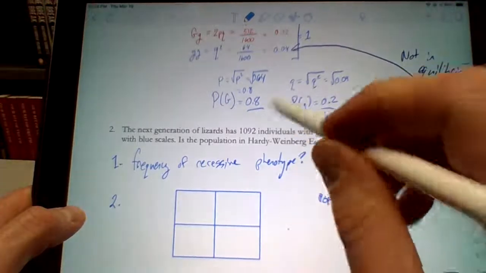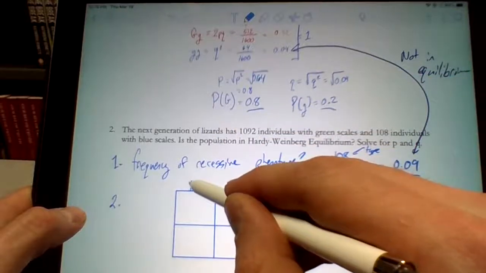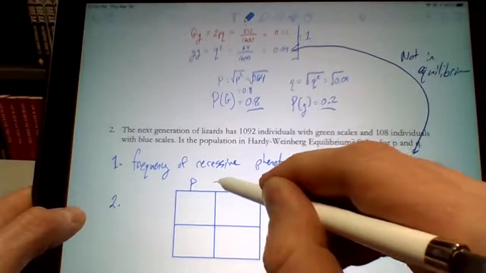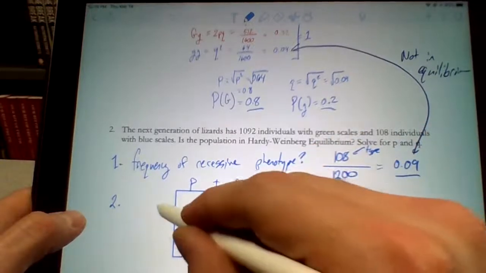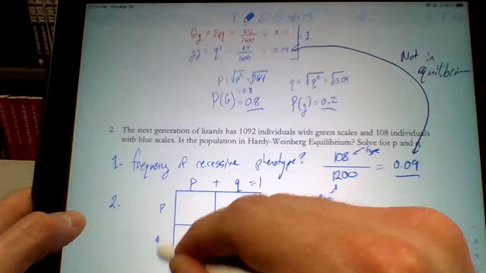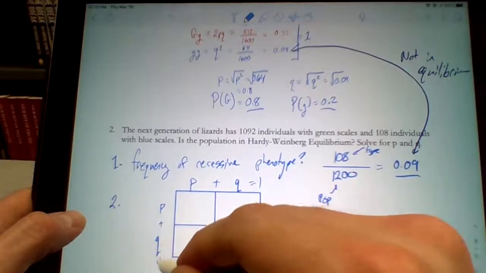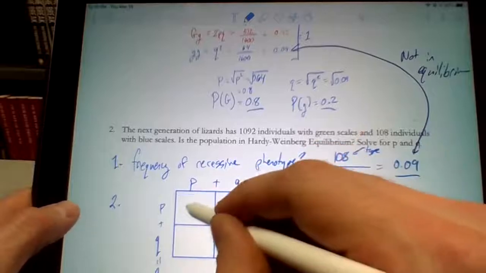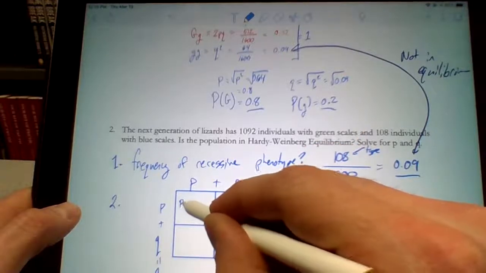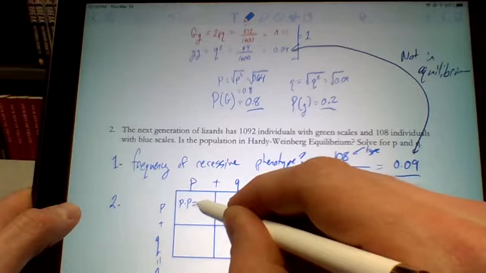Okay. So with the Punnett square, we can put our probabilities of P and Q, which we know add up to 1, on top of the square and to the right of the square. And then inside each of the boxes, we can do the multiplication inside this box.